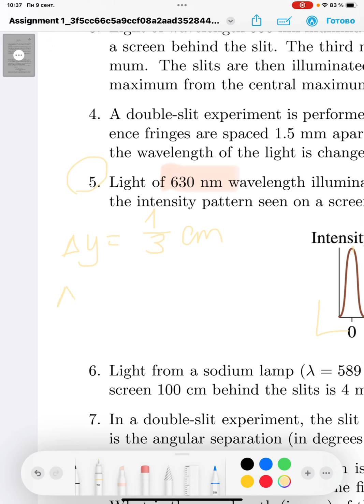Here we have a sodium lamp with a given wavelength that illuminates 2 narrow slits. The fringe spacing on a screen is 4 millimeters, the screen is 100 centimeters behind, and what is the spacing between the 2 slits? We must find our slit spacing, or the d.